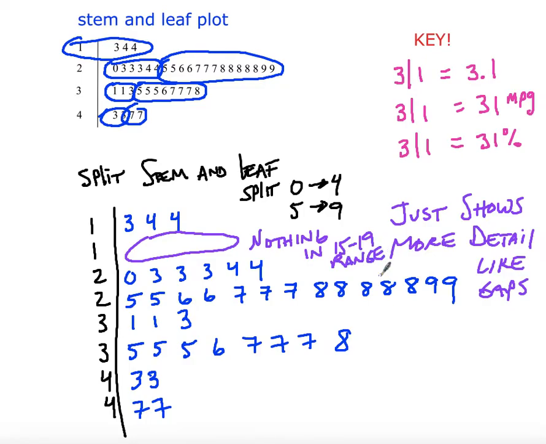Maybe that would be something that you would want to talk about when you're describing your graph. Okay, so this is always how we split. Always make sure you always include a key. Make sure you give some sort of labels so we know what each number means.